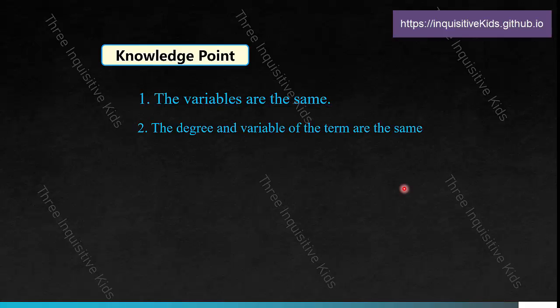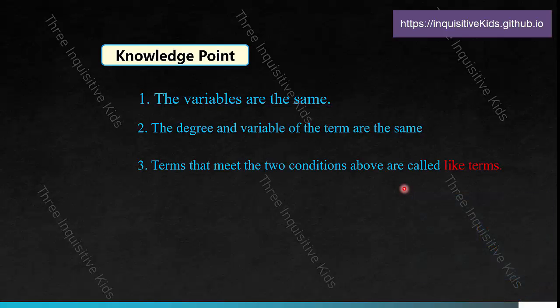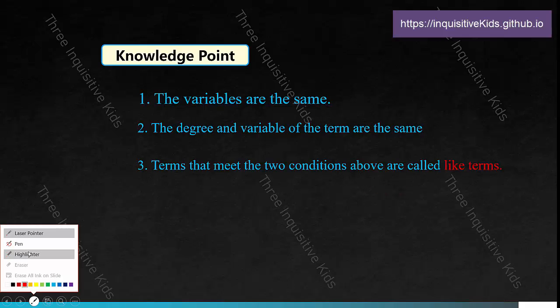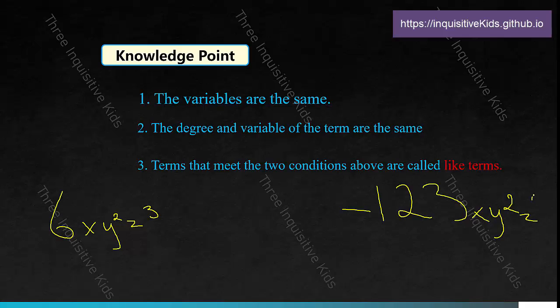The degree and variable of the terms are the same. So the variables and the degrees of the variables were the same. Basically, terms that meet the two conditions above are called like terms. What this is saying is that if you have multiple terms, I'm just going to give you two examples right here. Say you have 6xy squared z cubed, and you have negative 123xy squared z cubed.